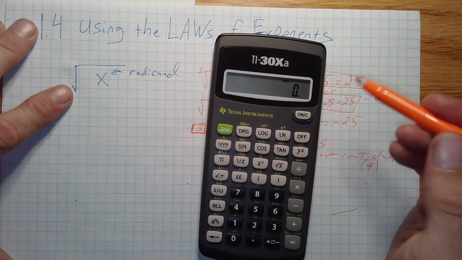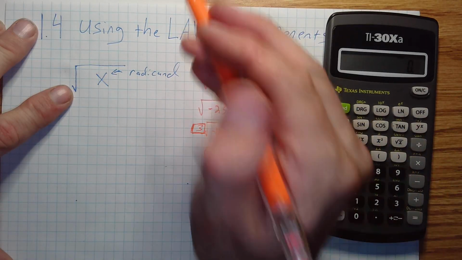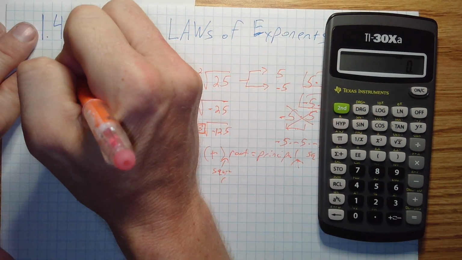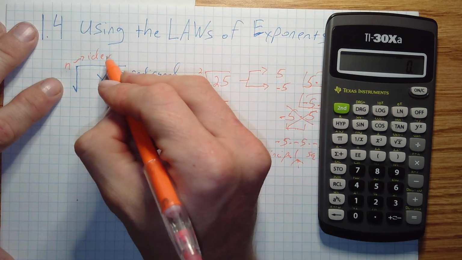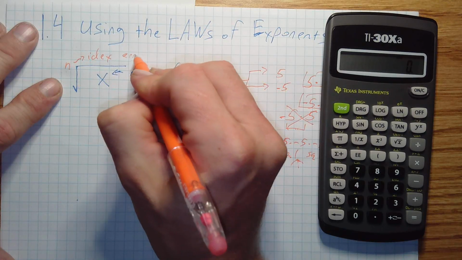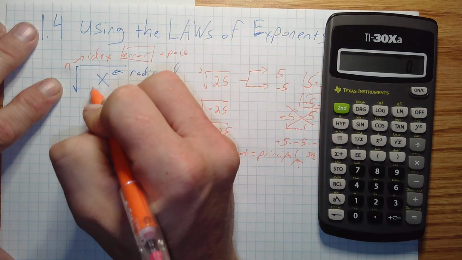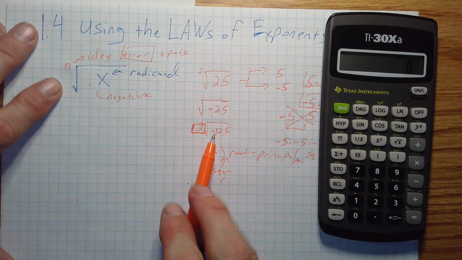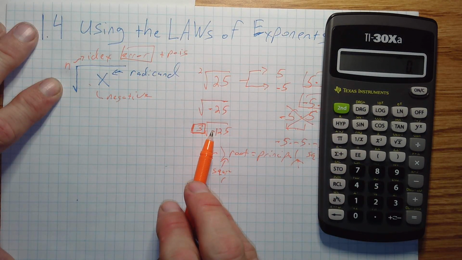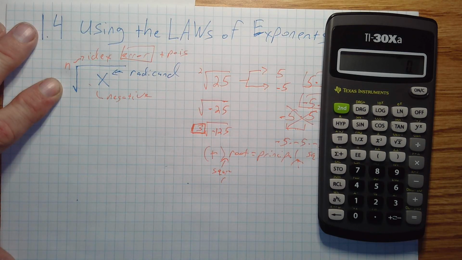As long as the index is positive and my radicand is negative, it will give me an error.